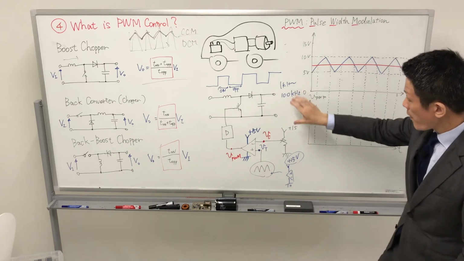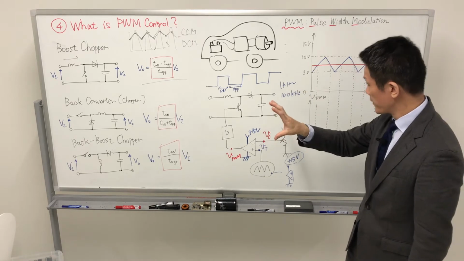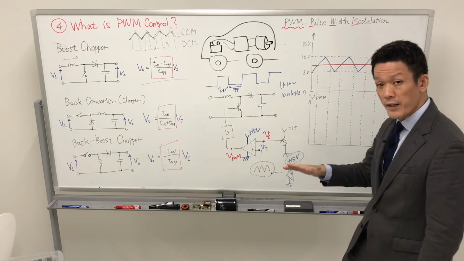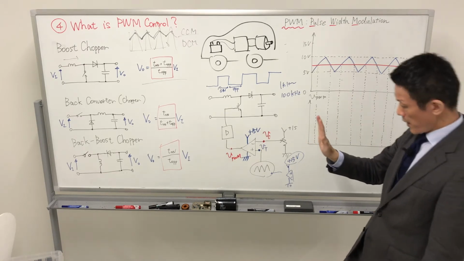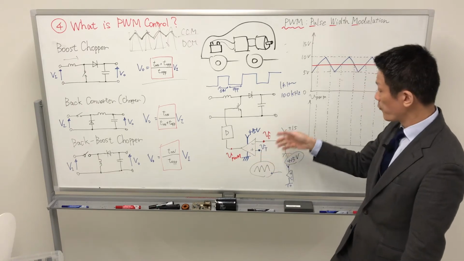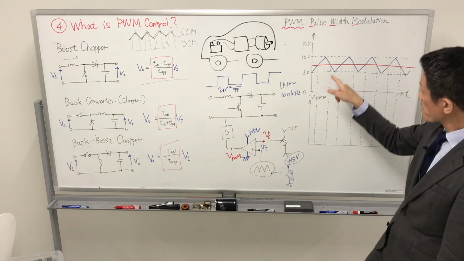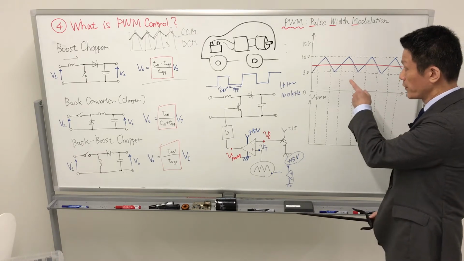As compared with this high frequency, the acceleration voltage is almost the same, because human movement is very slow compared with this high frequency. So we can look at it as almost constant.